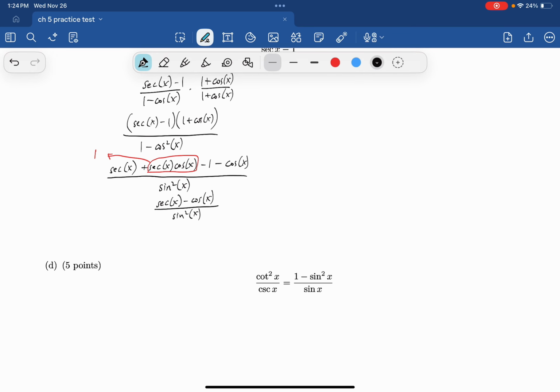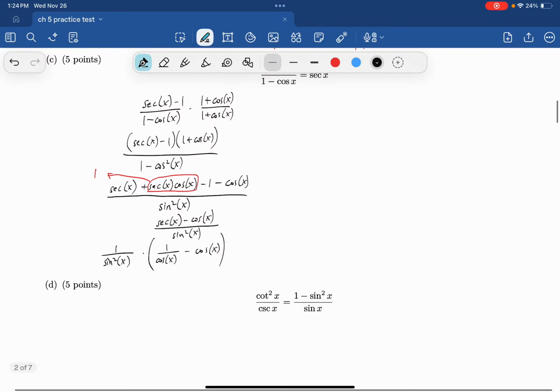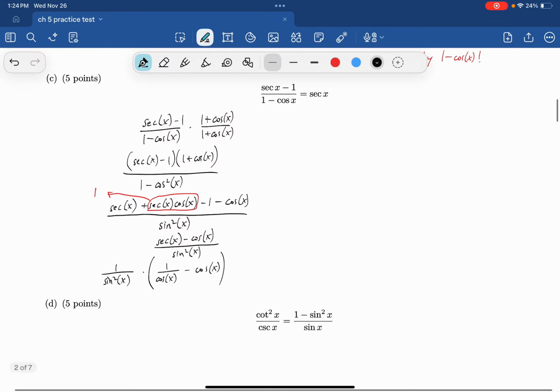So this becomes, and I'm going to bring the 1 over sine squared to the outside, 1 over sine squared x times 1 over cosine x minus cosine x. All right, I think I need more space here. Go on to here.